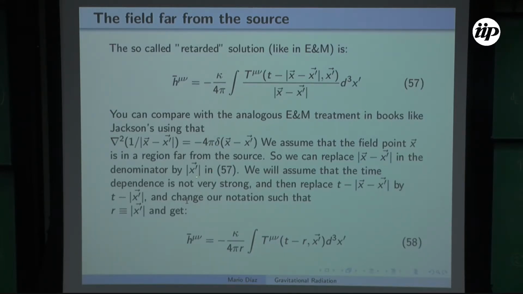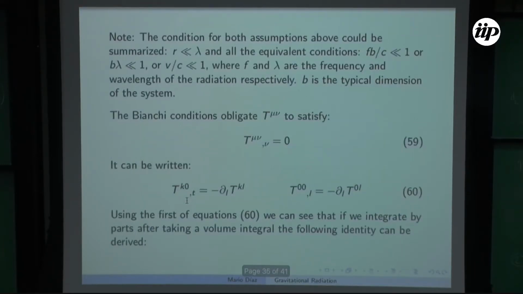We can replace this by x prime because we are essentially very far. Now we assume that the time dependence is not very strong, and we can replace this by this other quantity. We change our notation, and we can calculate this quantity. There are several assumptions that we're making here.